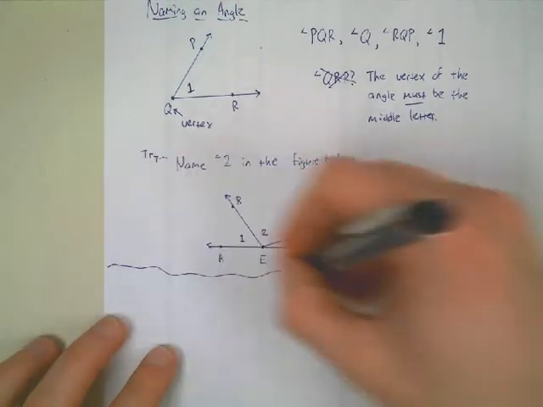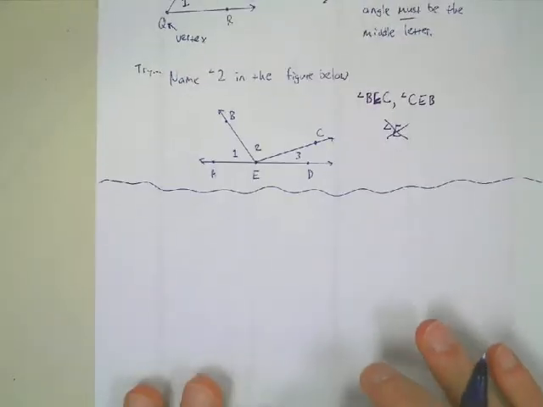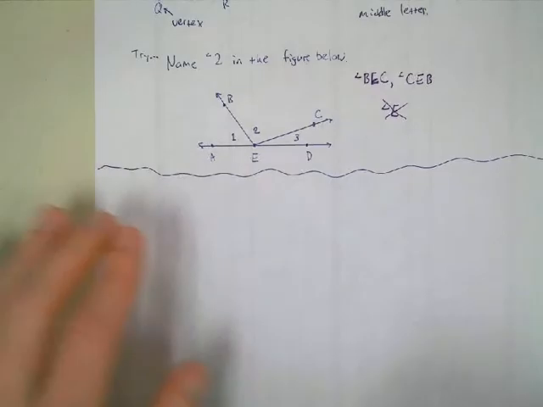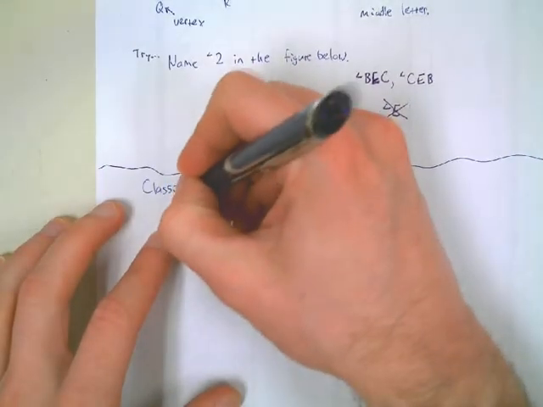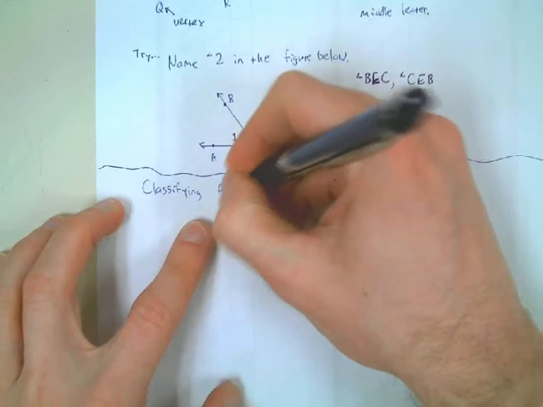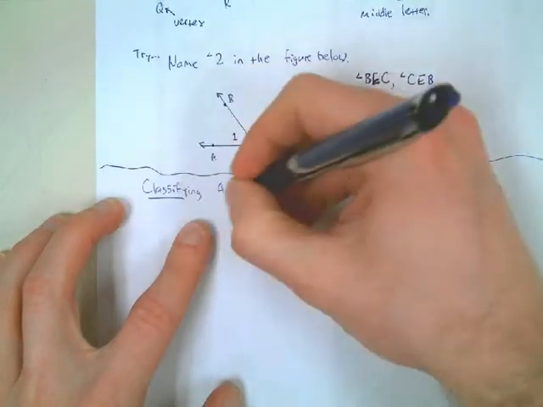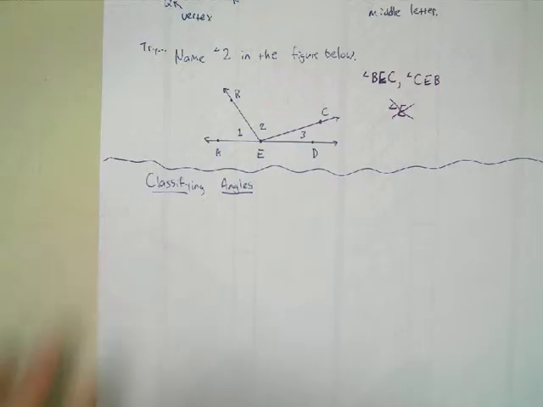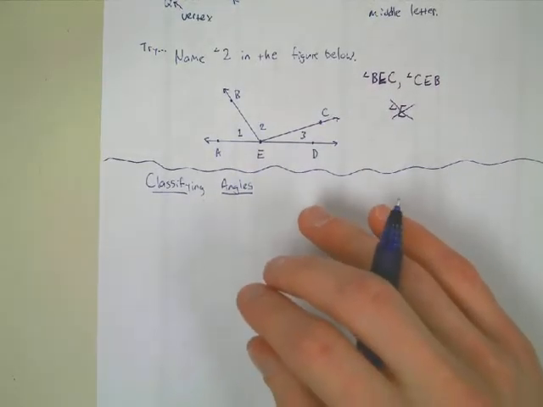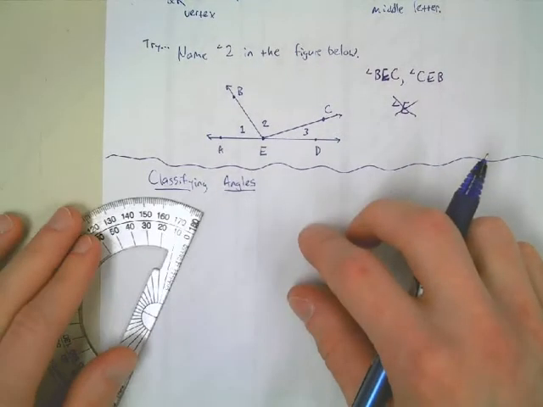Okay. All right. So let's get now to classifying angles, which some of you guys are already doing a great job with. All right, classifying angles. And so I'm going to draw some angles here.